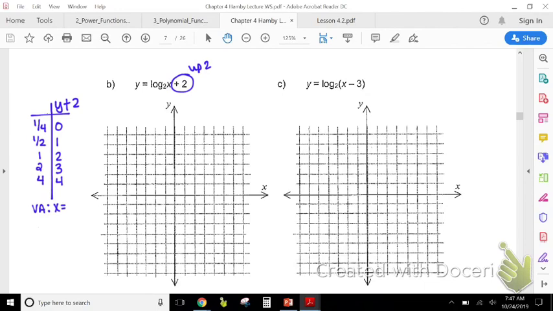Remember, our asymptote's only affected if that variable's affected. Did anything happen to our x's? No, so nothing's going to happen to that vertical asymptote either. And so let's graph that.